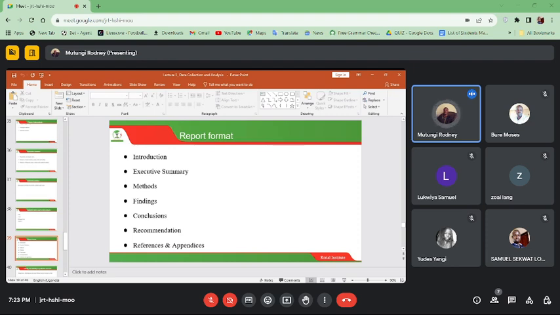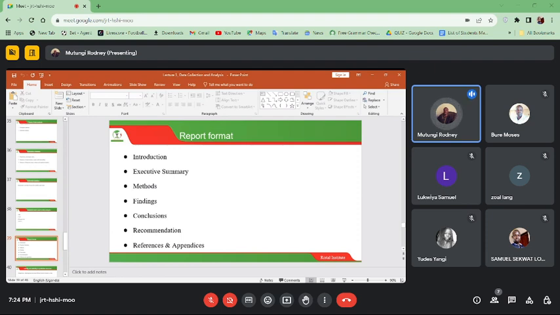It always has components like the introduction, where you talk about the background of, for example, this program, the people funding it, when it started, when it is going to end. You look at its objectives, such things.